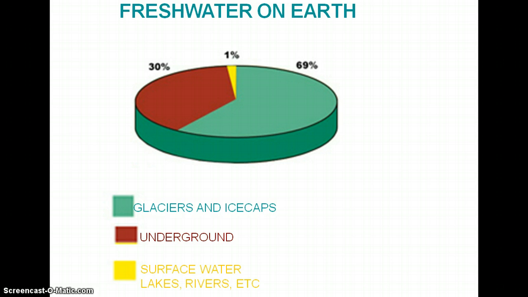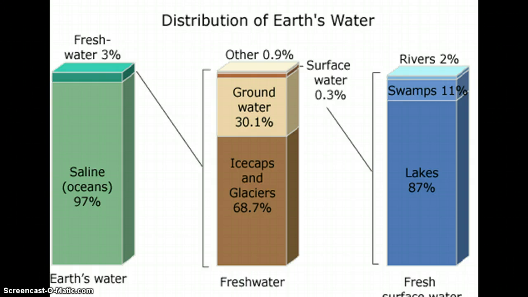Easily accessible, which is less than 1%, is what we call surface water. Lakes, rivers, streams, okay? Where do we get our water from? Aquifers. We tap into aquifers, but where does the majority of the water of all of South Florida come from? Lake Okeechobee, okay?